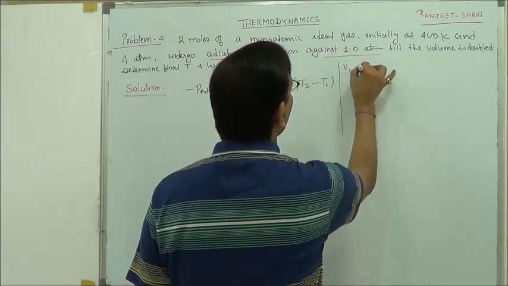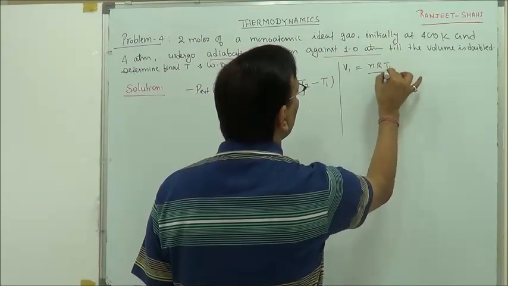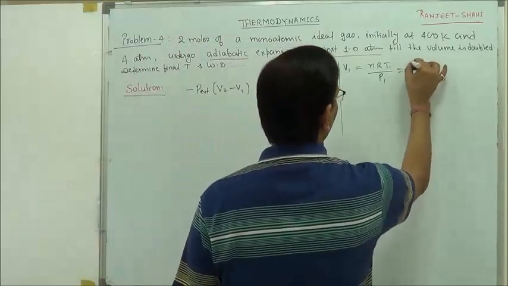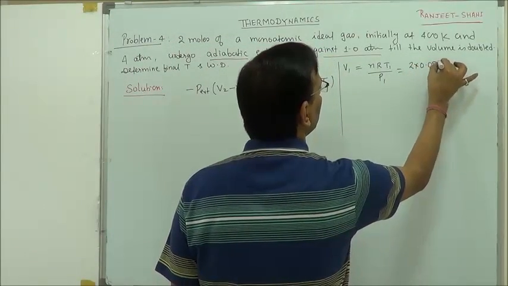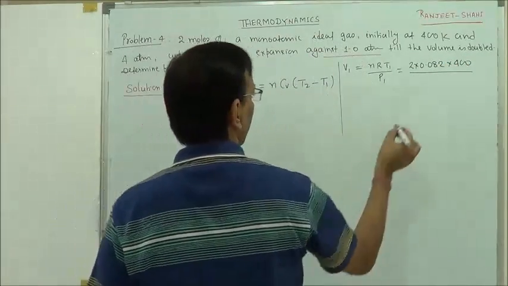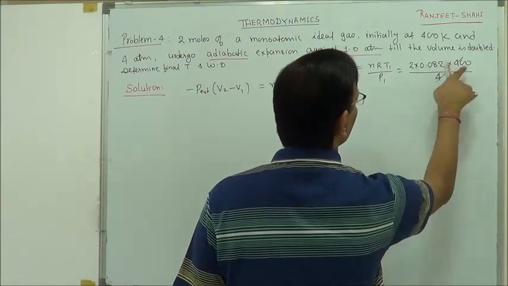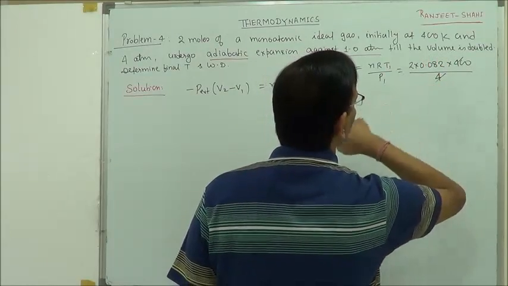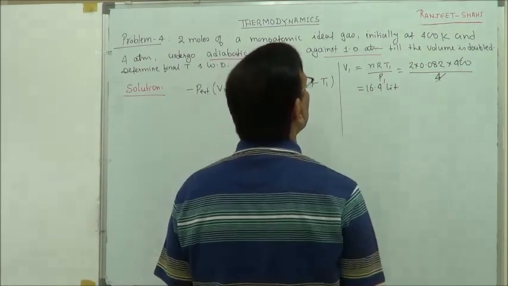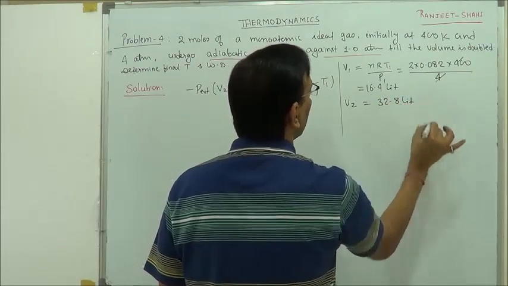Initial volume V1 can be known, it will be nRT1 upon P1. n is 2, R is 0.082, T is 400, upon initial pressure 4. So 8.2 into 2, 16.4 liter. So V2 will be 32.8 liter.